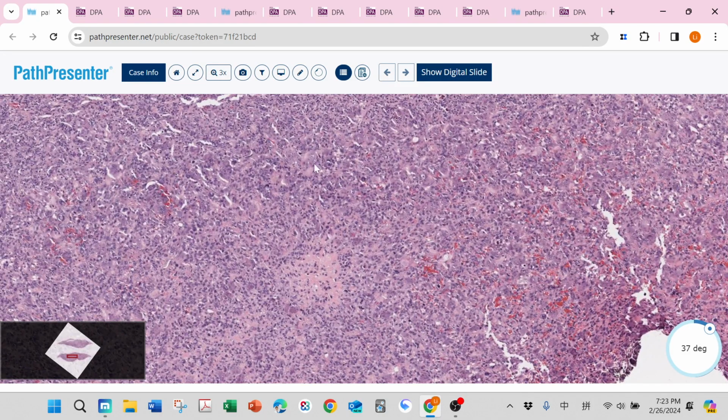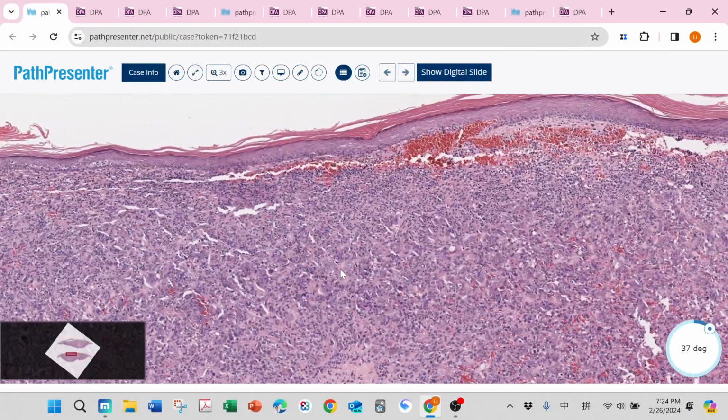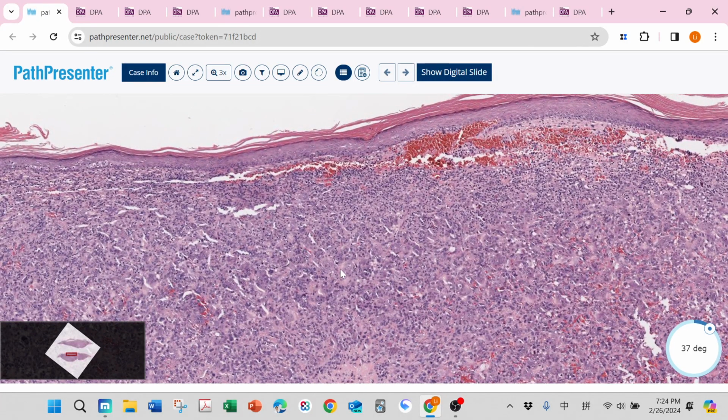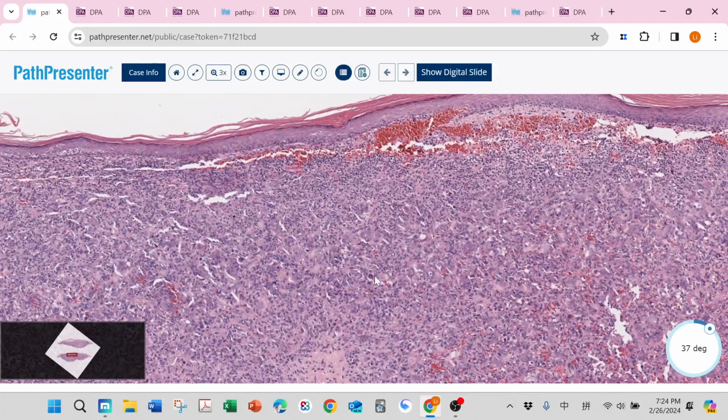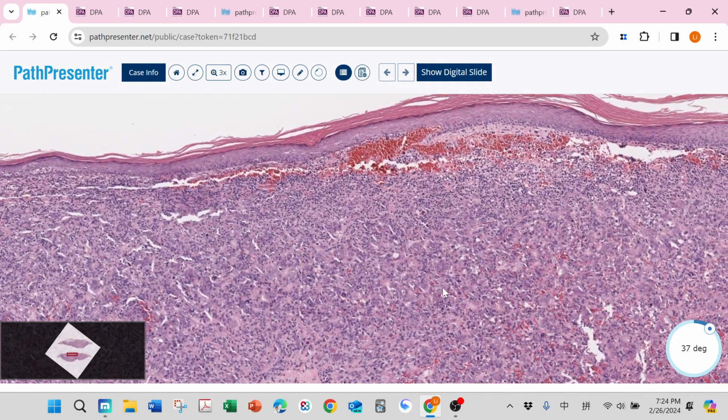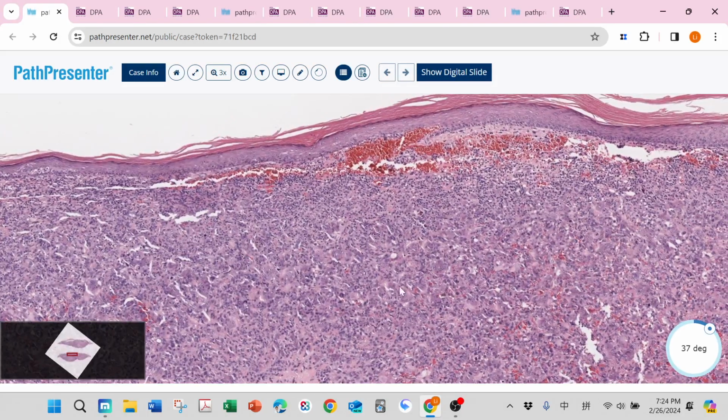For melanoma, we all know we can use S100, SOX10, MART1, and MITF to highlight it. But bear in mind that if it is a poorly differentiated melanoma, all of these usual melanoma markers can be negative.